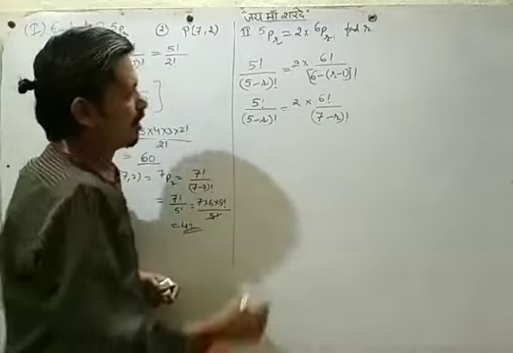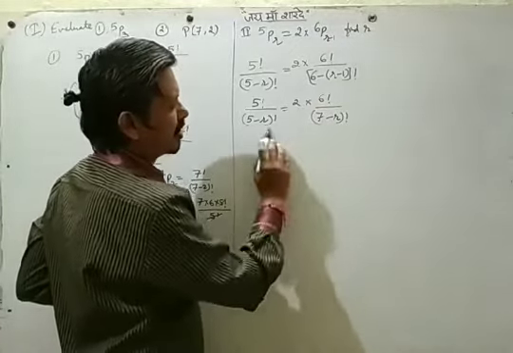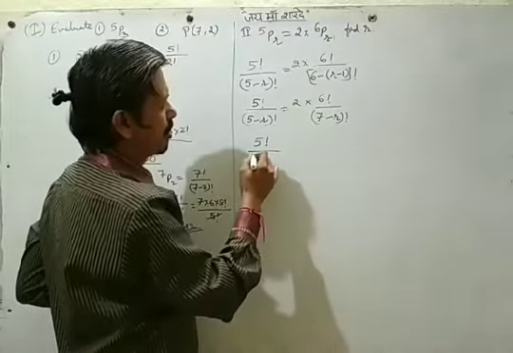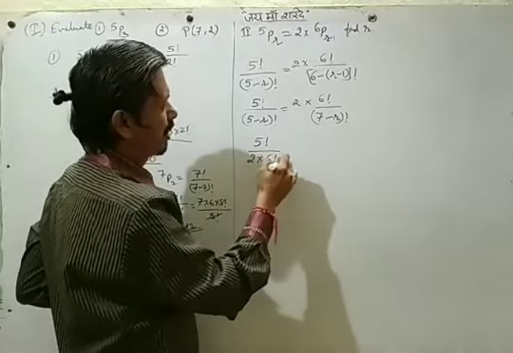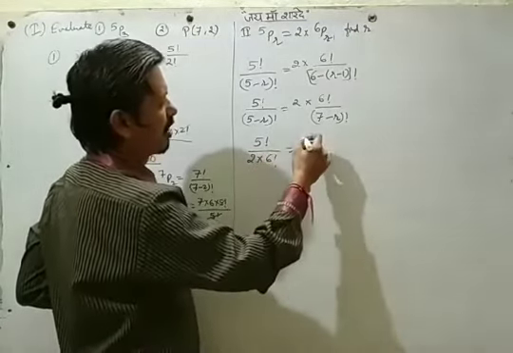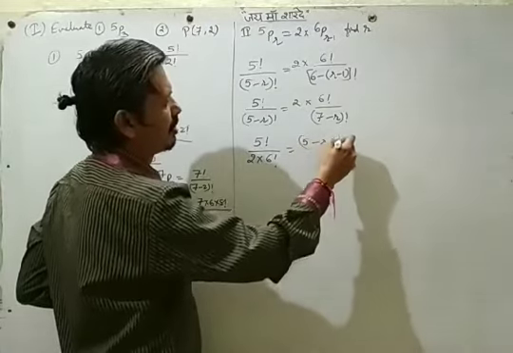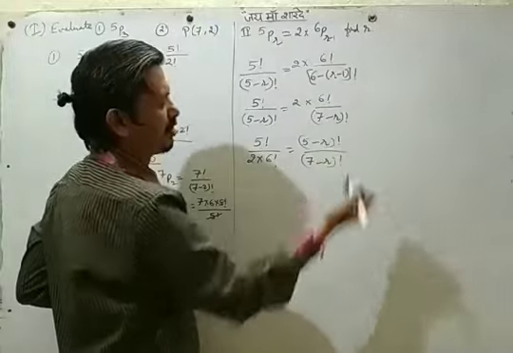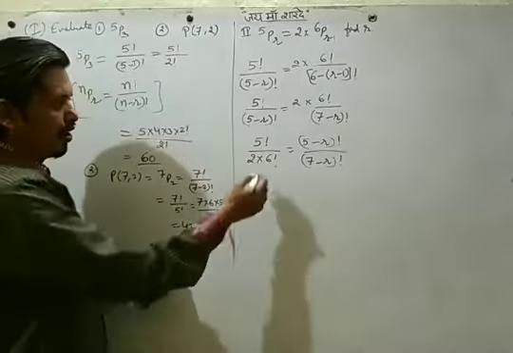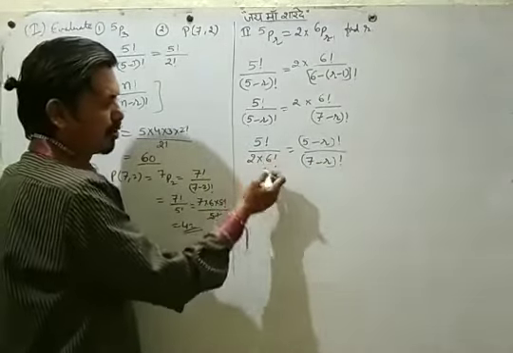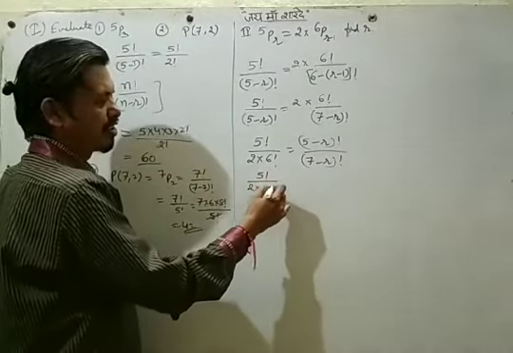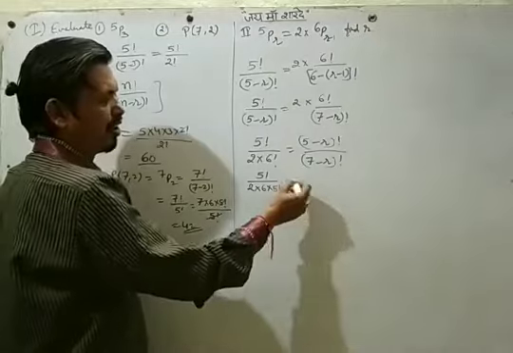Now we send same type of terms to one side, so 5 factorial upon 2 into factorial 6, and here 5 minus r factorial upon 7 minus r factorial. Now the greater number is 6, so 5 factorial as it is, and we write 6 factorial as 6 into 5 factorial.